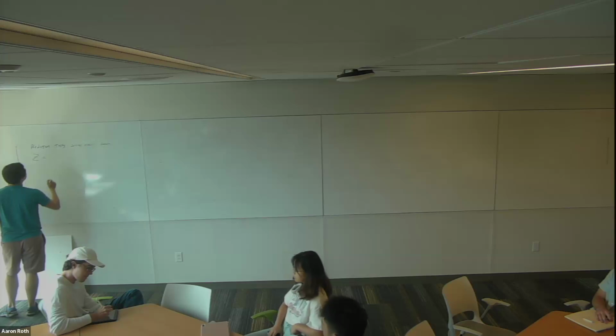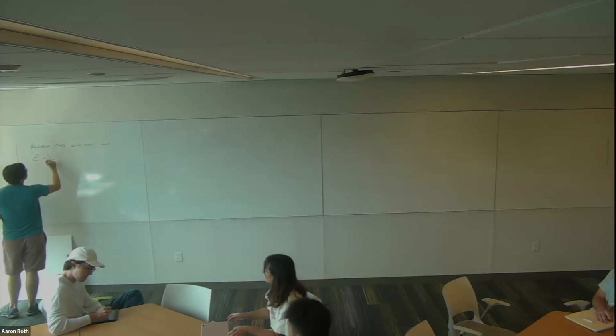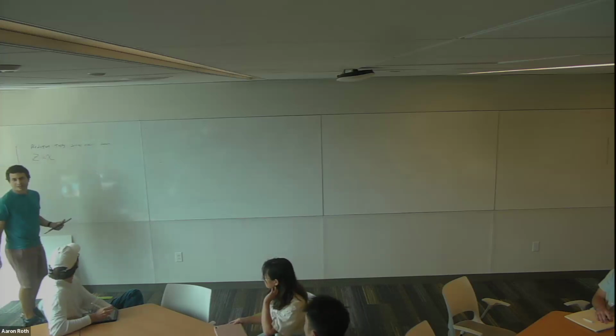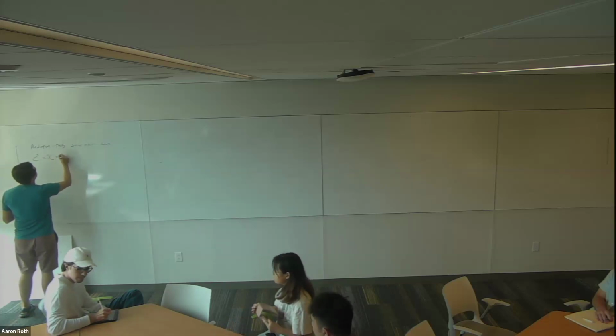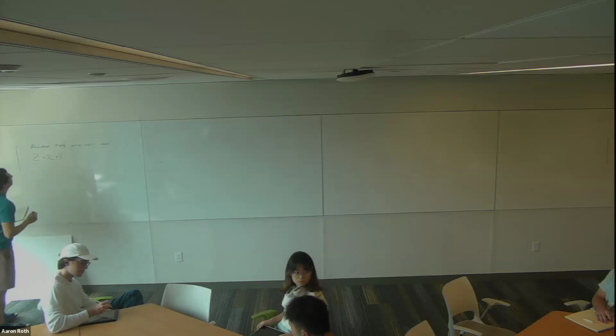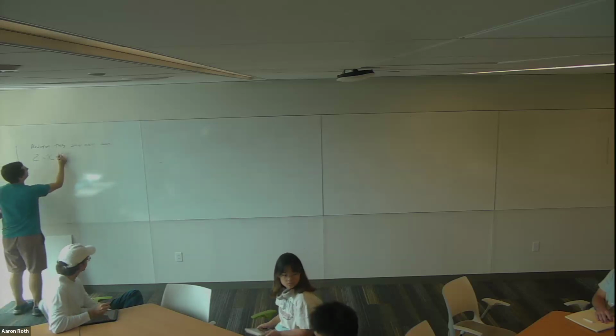So this is really the Cartesian product of the feature space, which is written as a fancy looking X, together with a label space, which is a fancy looking Y.